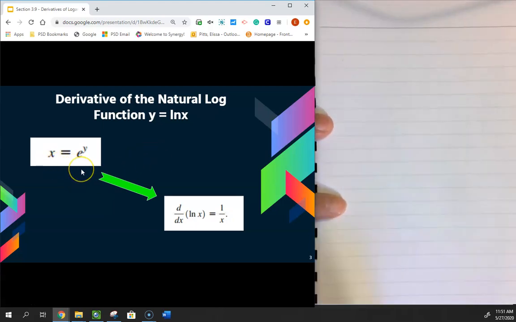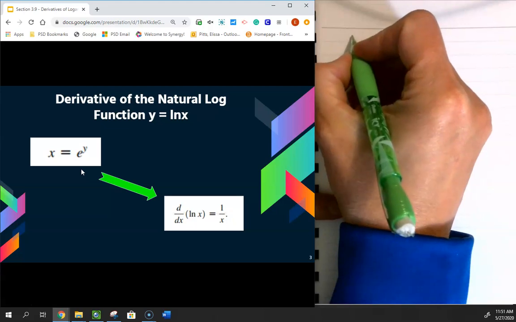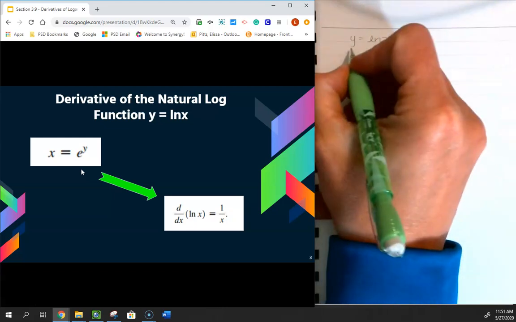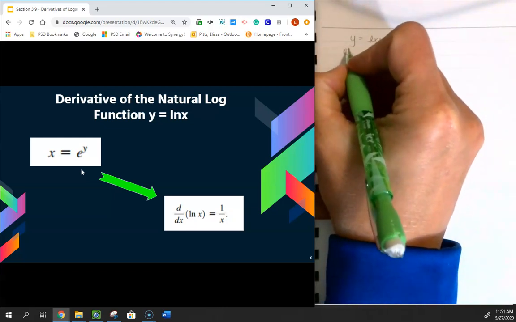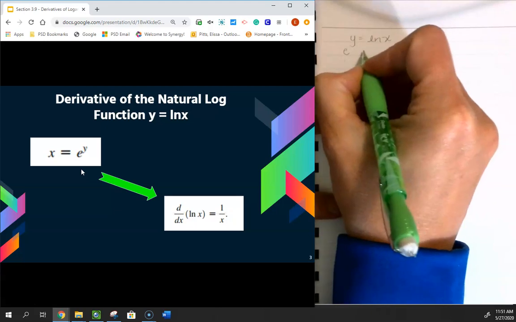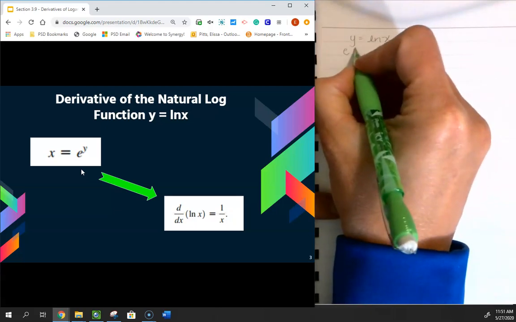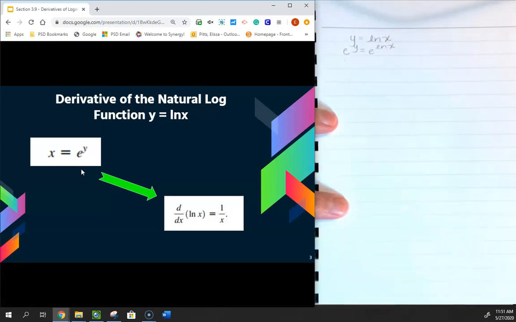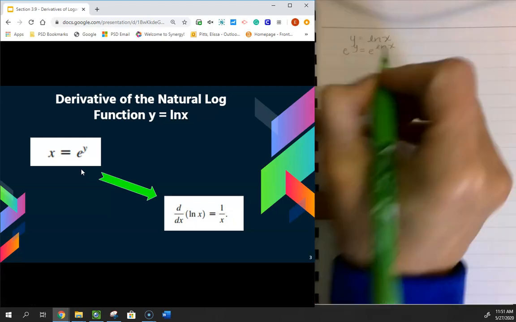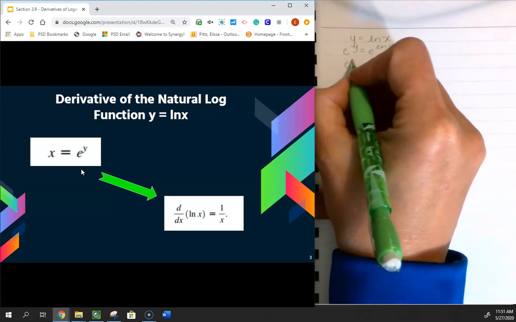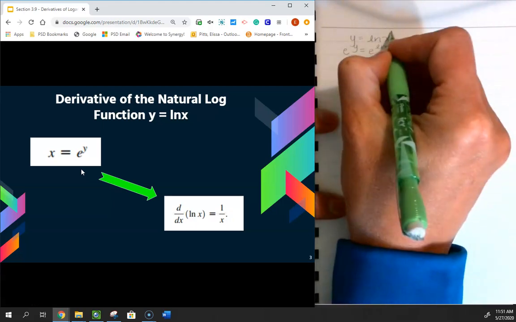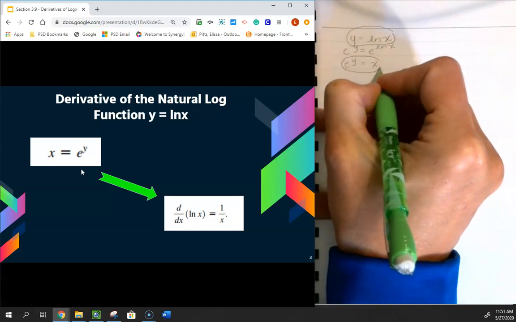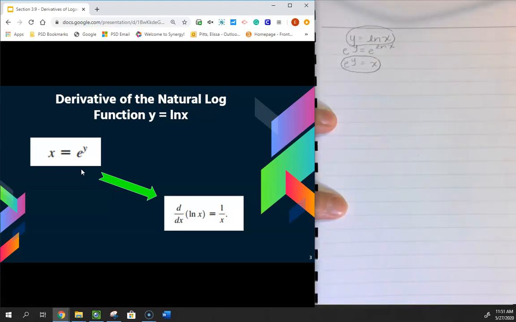We just wrote down that if y equals the natural log of x, and we raise e to both sides, e to the y equals e to the natural log of x, then we get e to the y is equal to x. So this equation and this equation keep the same relationship between x and y. They're just written differently.